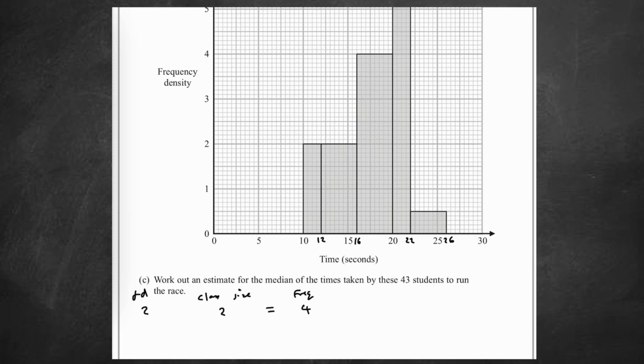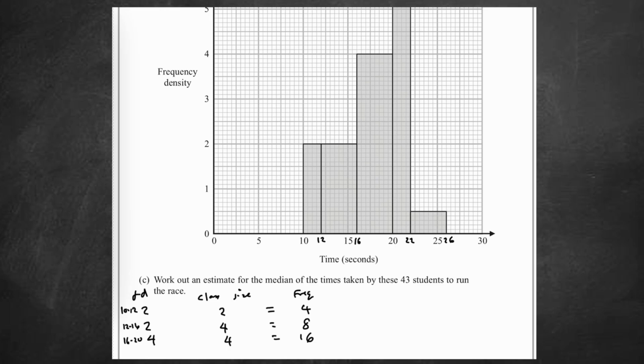For 10 to 12 the frequency is 4. For 12 to 16, we are going to say that is a frequency density of 2 as well, and a class size of 4, which means the frequency is 8. 16 to 20 is a frequency density of 4, a class size of 4, so 16.